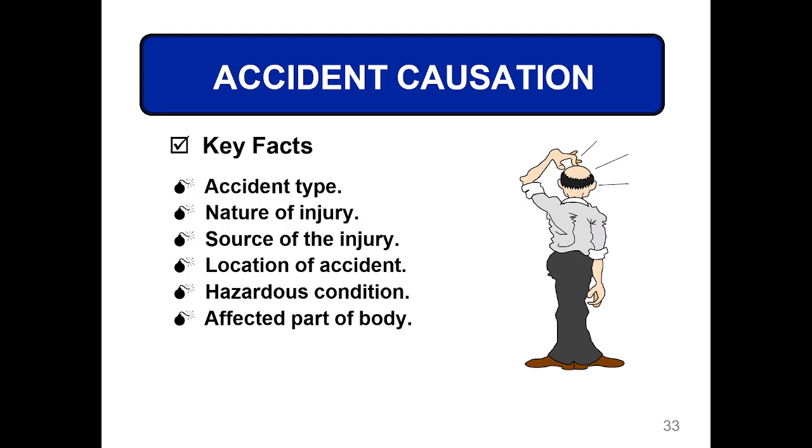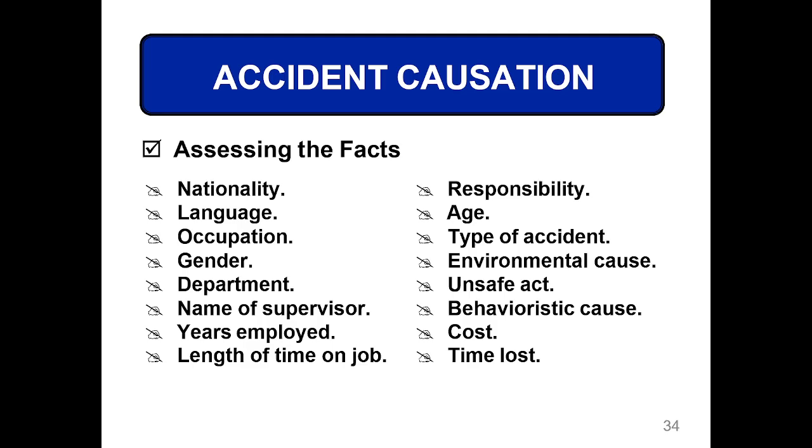What are the key facts? Accident type, nature of the injury, source of the injury, location of the accident, hazardous condition, affected body part. So how do you assess the above facts?